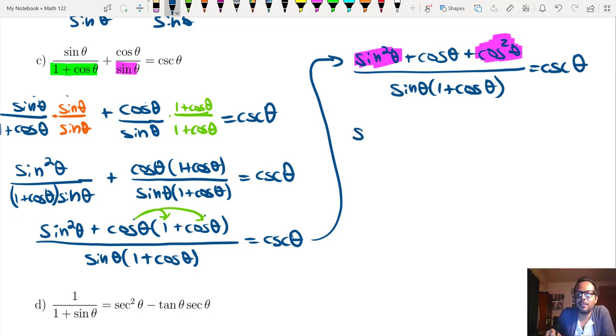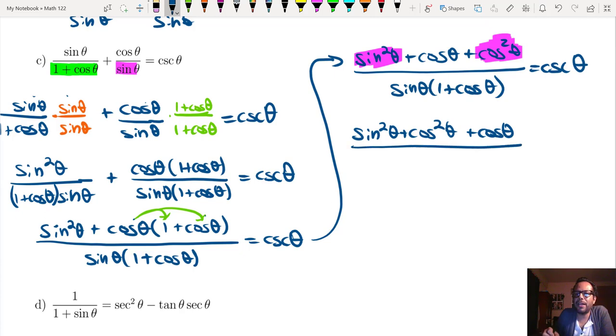The sine squared theta plus cosine squared theta plus cosine theta, then divide that by sine theta times 1 plus cosine theta equals cosecant theta.